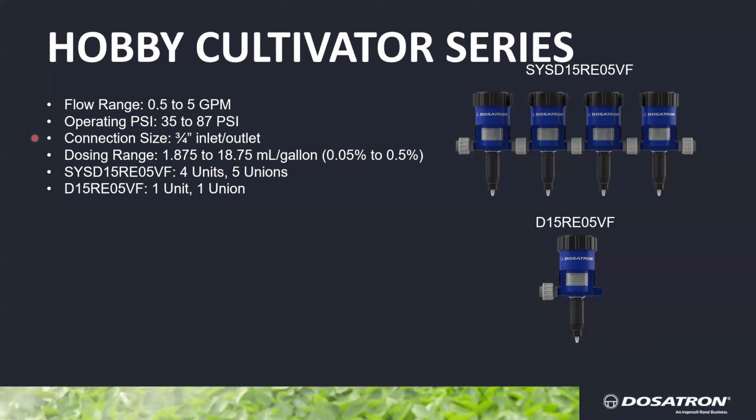In this series, we have one injection range, which is 1.875 to 18.75 mils per gallon, or 0.05 to 0.5%. This could be purchased as a 4-unit, 5-union system, or as single injectors, 1 unit, 1 union.